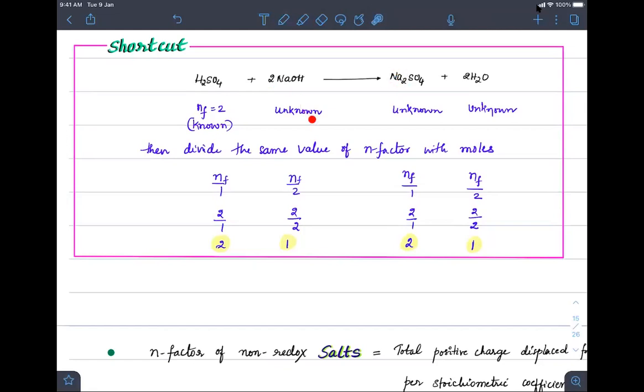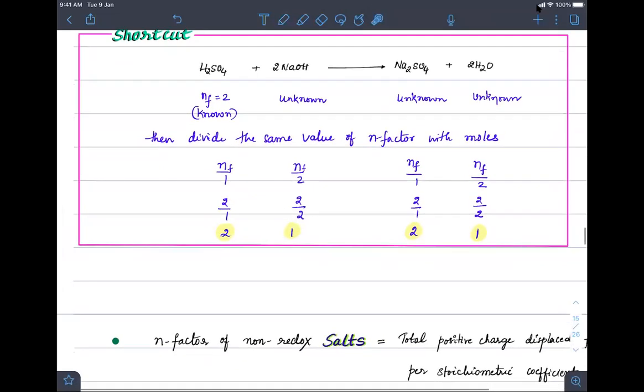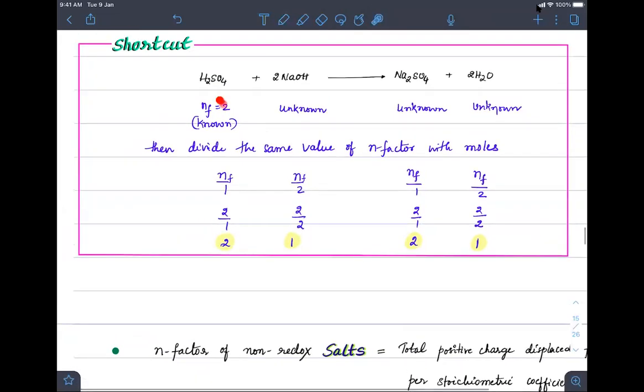But imagine you do not know the valency factor for NaOH, Na2SO4 or H2O. In that case, what do you do? At least you know one of them, correct? You take that valency factor divided by the number of moles it has here. So N factor by 1 here, N factor by 2 here, N factor by 1 here, N factor by 2 here.